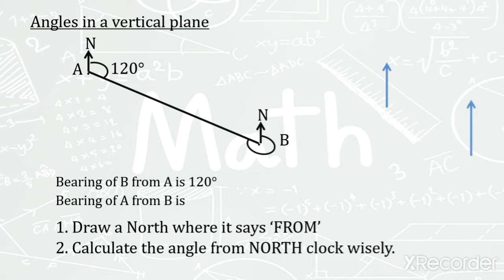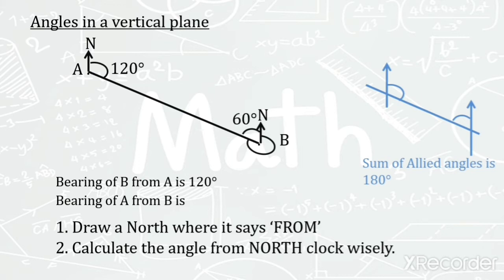If there are two parallel lines and it is intersected with the transversal, the sum of allied angles is 180. So using that, you can find out the angle of this one. That is 60 degrees. You know angles around a point sum to 360. So you can easily find out the bearing of A from B is 300.